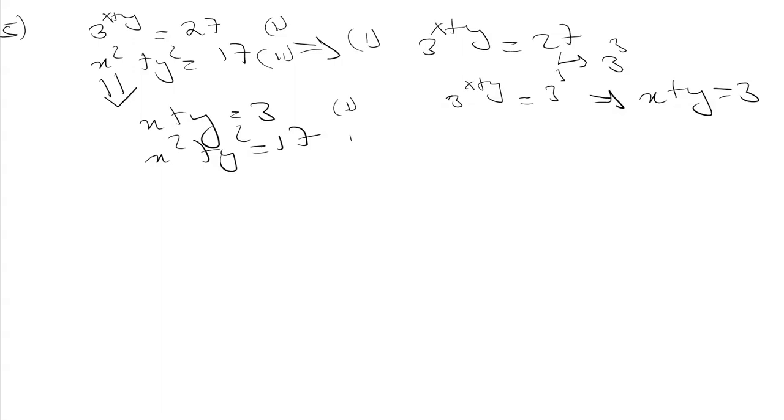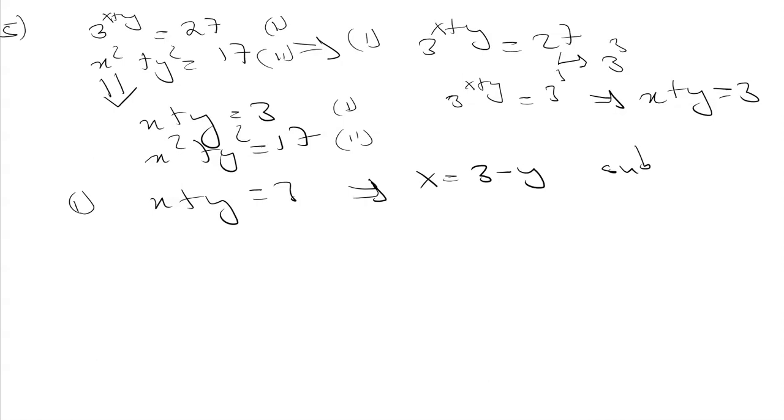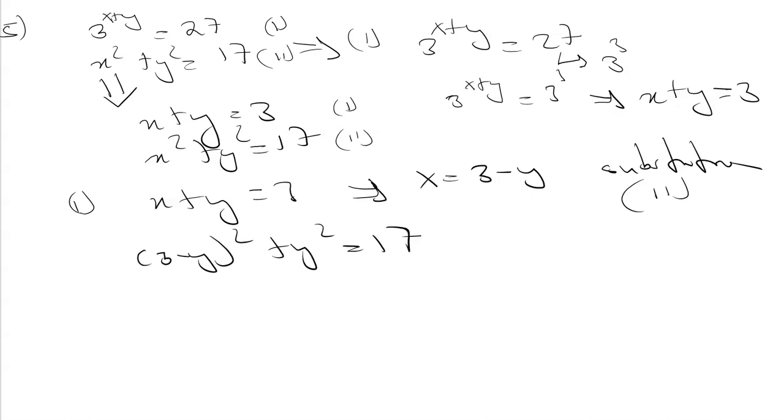So now this is our 1, this is our 2. So using 1, x plus y equals 3. Therefore, let's make x the subject of the formula: x equals 3 minus y. Once we have this, we've solved for x, now we can do substitution into 2. So we know what x is, so (3 minus y) squared plus y squared equals 17.